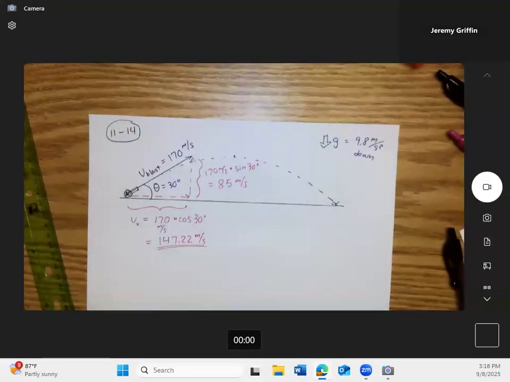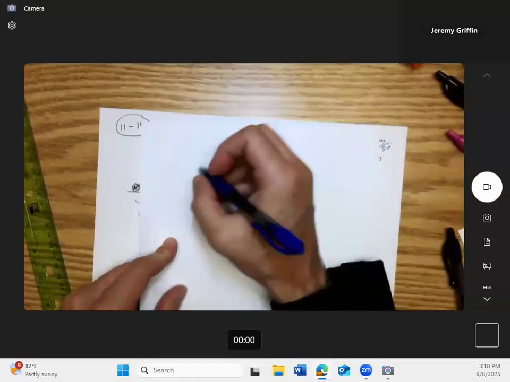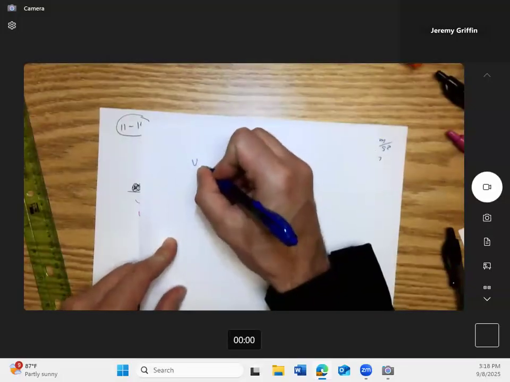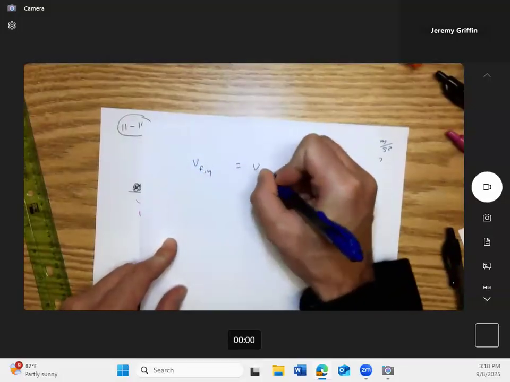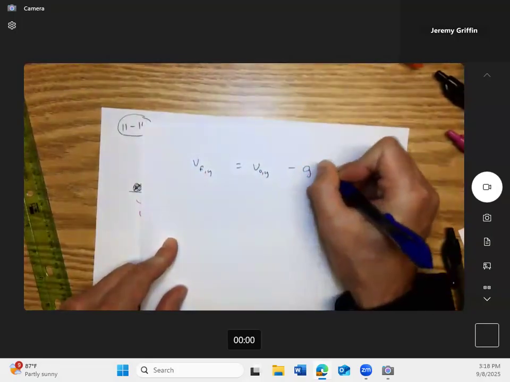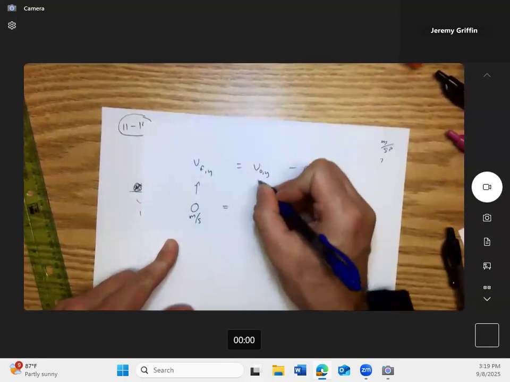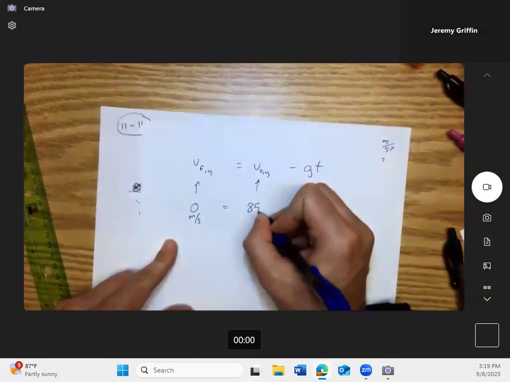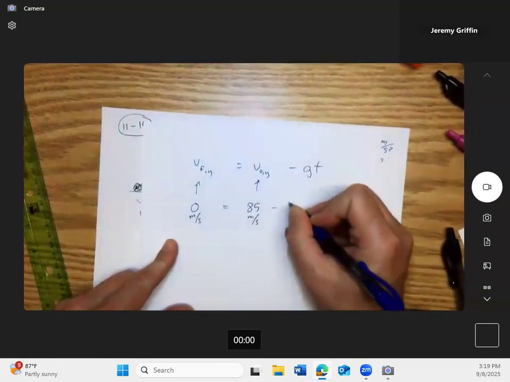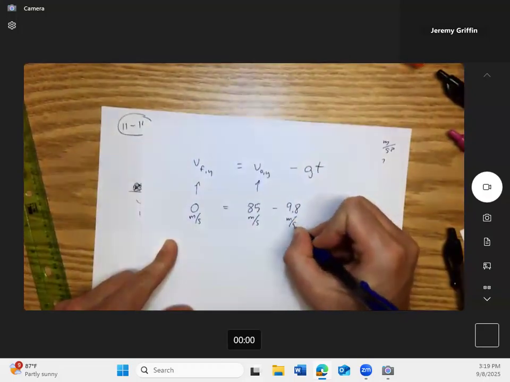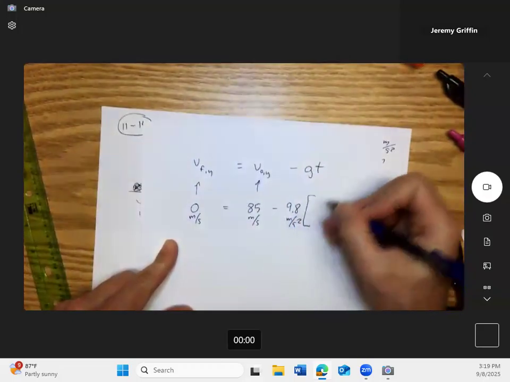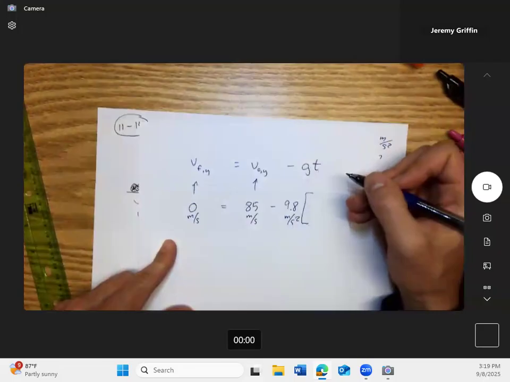So watch this. I could say v final in the y direction equals v initial in the y direction, let's say minus gt. So this is all going to go to 0 meters per second equals, this is my 85 meters per second minus 9.8 meters per second squared. Now the catch is this t is not the full hang time. It's just half the hang time.